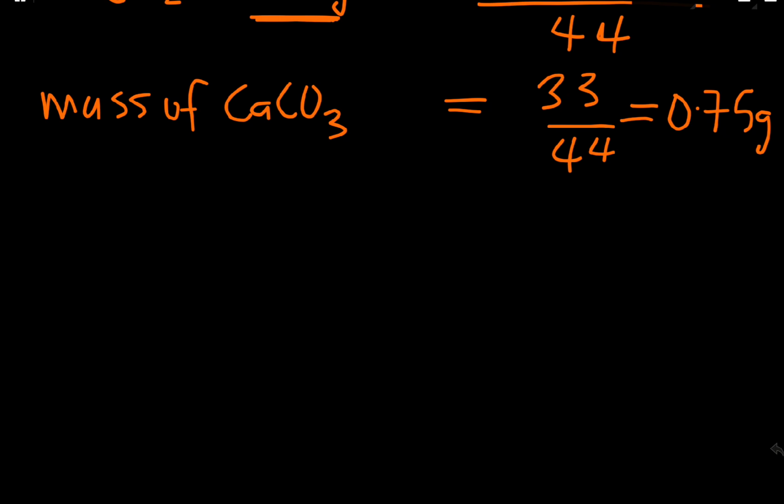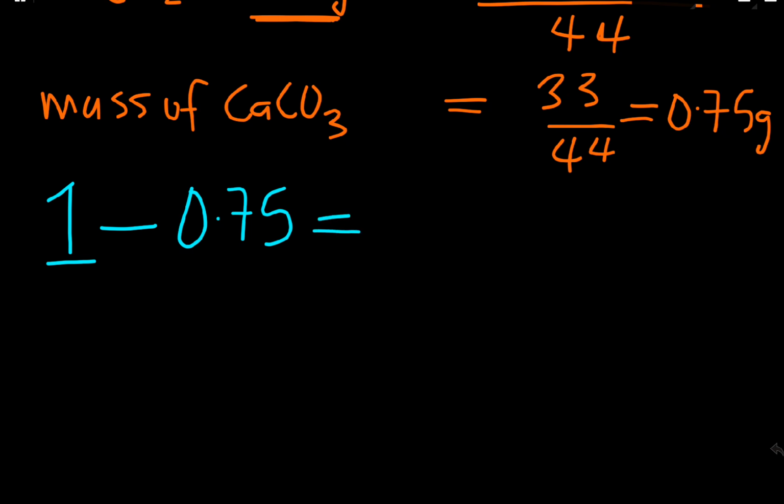And next, to get the mass of calcium oxide, which is our major concern in this equation, to get the mass of calcium oxide in that mixture, don't forget that the mixture was 1 gram minus 0.75, which is the mass of calcium carbonate we just solved.